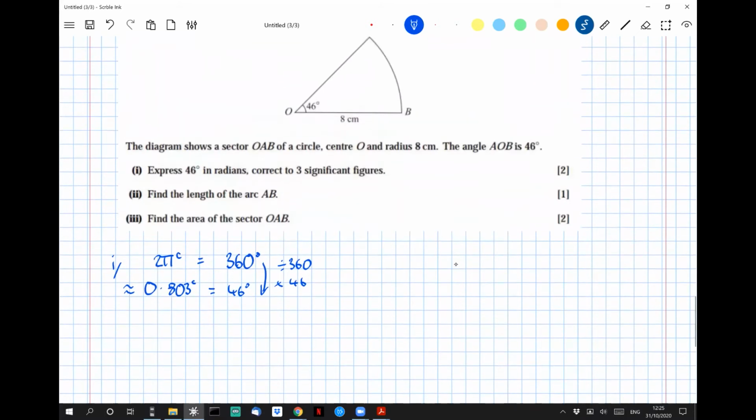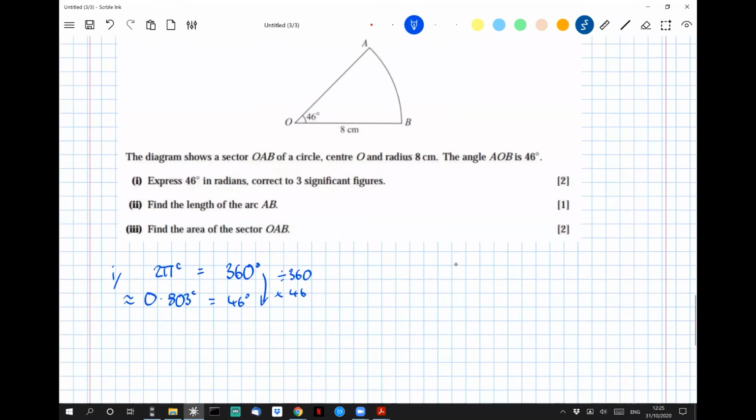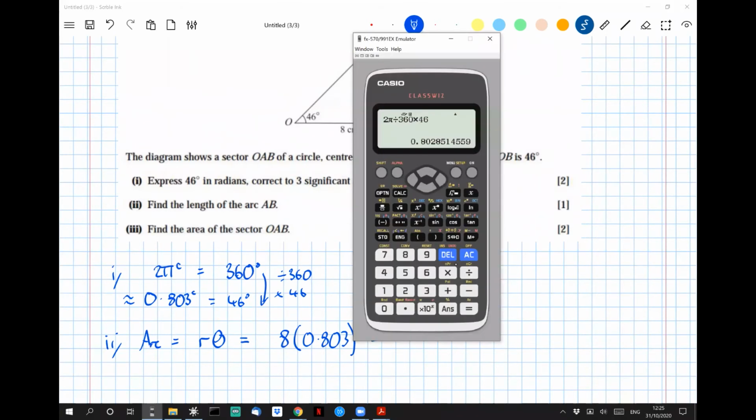Then find the length of the arc AB. Well, the arc length equals r theta, which in this case is the radius 8 times our angle, 0.803. And this is one of the instances where a lot of students will, I've seen before, be tempted to put 0.803 pi, but that's not true. The angle is 0.803, not 0.803 pi.